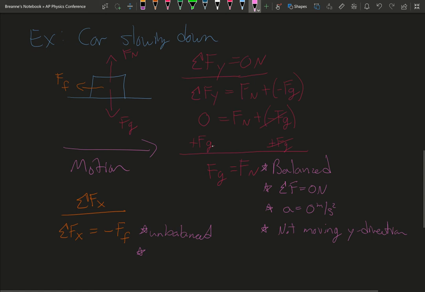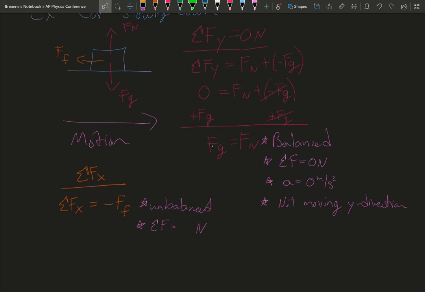That means we do have a net force. In this case, it's a negative net force. So that means we do have an acceleration. So we know that the object is moving and we know it's accelerating. Now, how do we find these numbers? It's where Newton's second law comes into play.